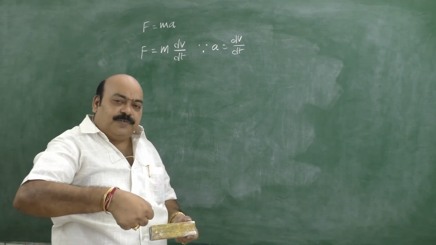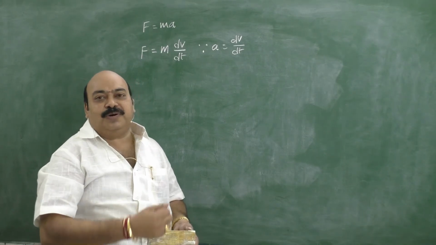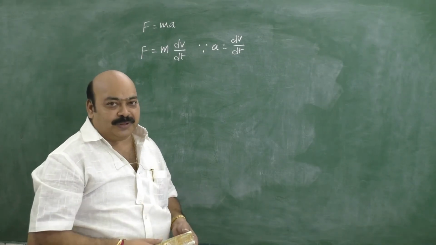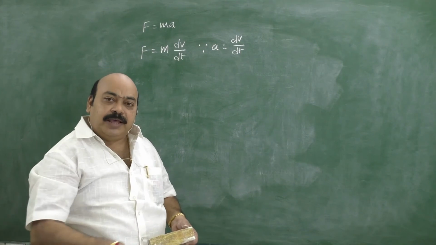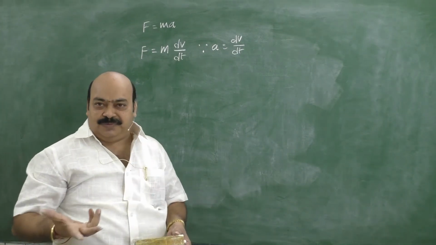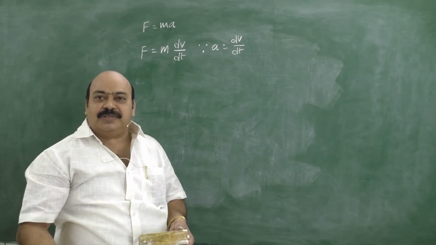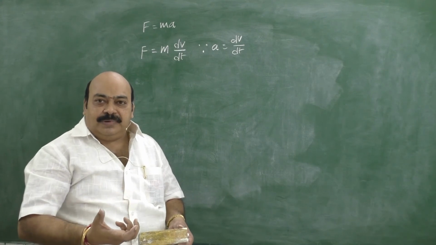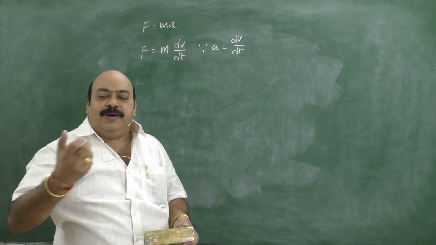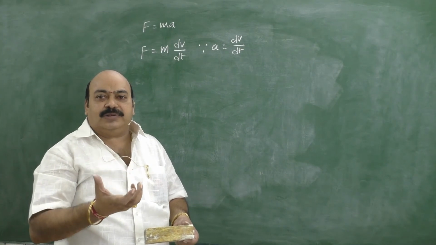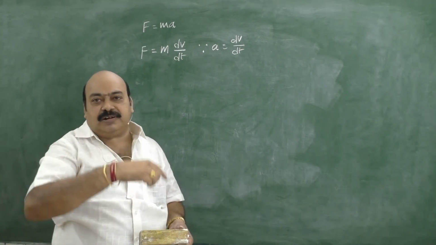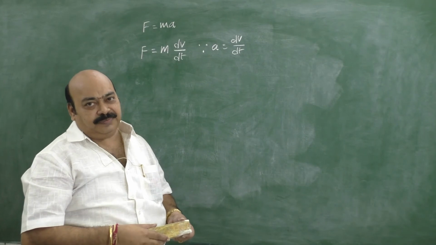Consider a bucket with a hole in its bottom. Very simple example. As time lapses, what happens? Water drains off. That means as time lapses, the mass of the body goes on decreasing. That is called variation of mass with time.